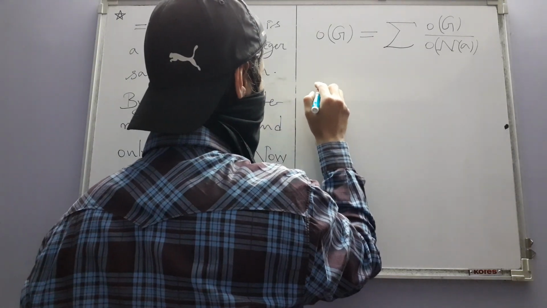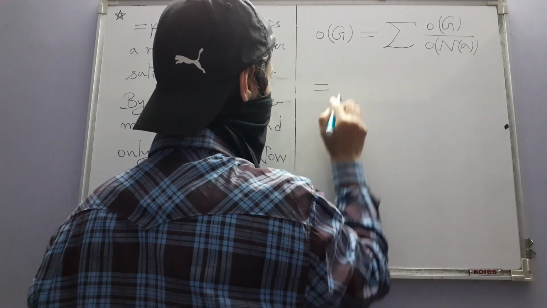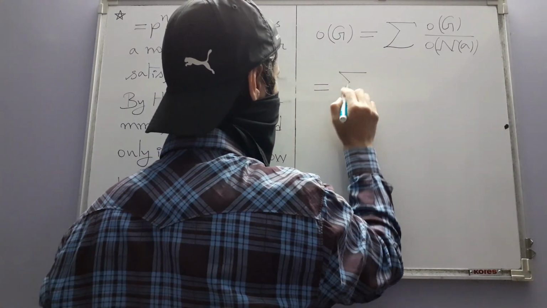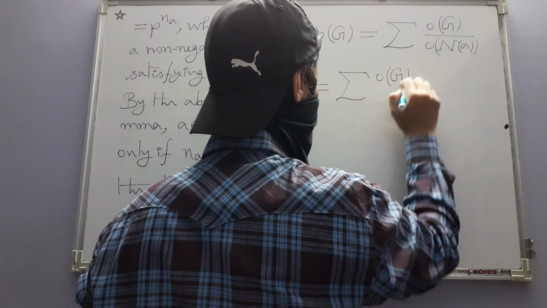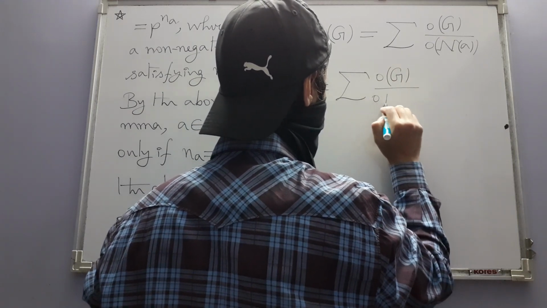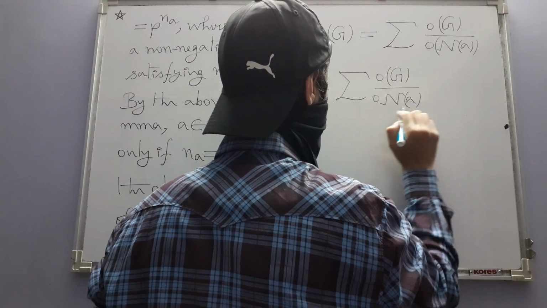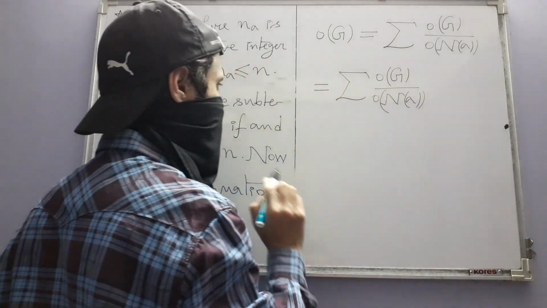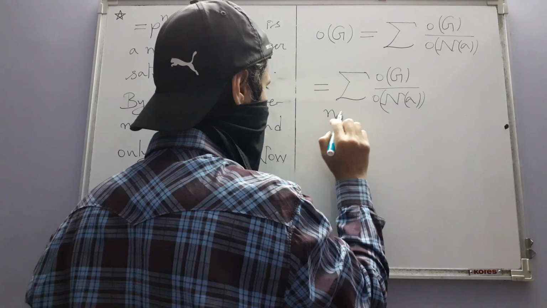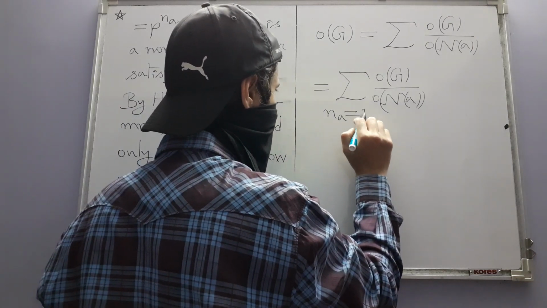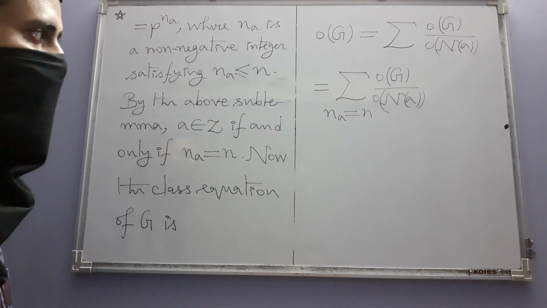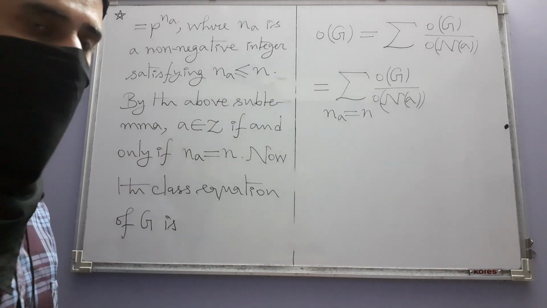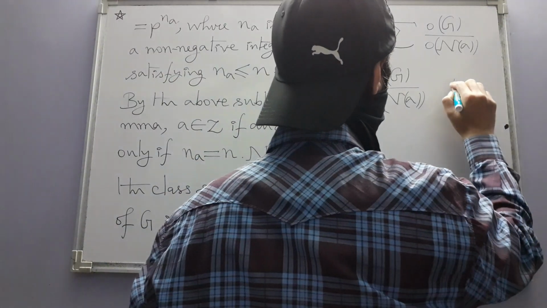Now this sum itself can be written as a sum of two sums. One in which we have those A's for which NA is equal to n, and the ones where NA's are strictly less than n, plus.